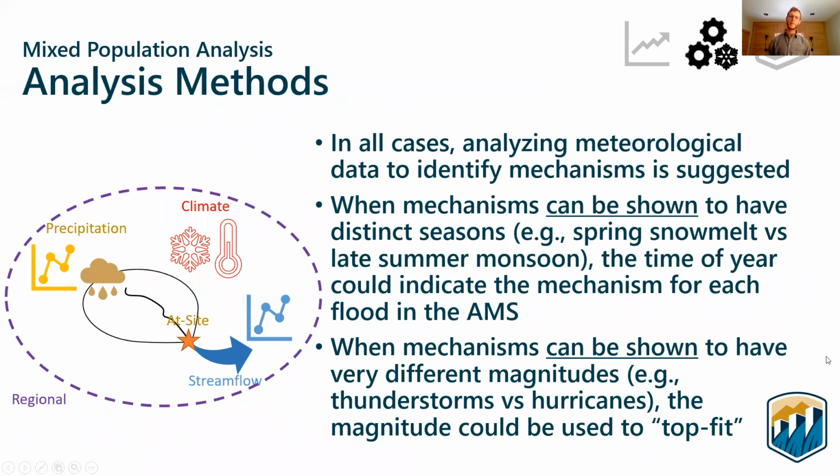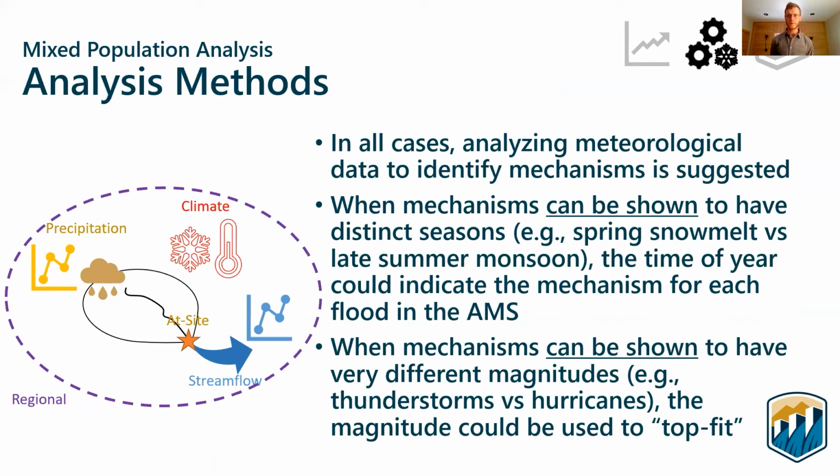In any case, if you think you have a mixed population, it's very good to look at the meteorological data to try to identify and understand what is causing the floods so you can credibly separate them. When mechanisms can be shown to have distinct seasons, it's sometimes possible that you could just separate out the events by time of year.